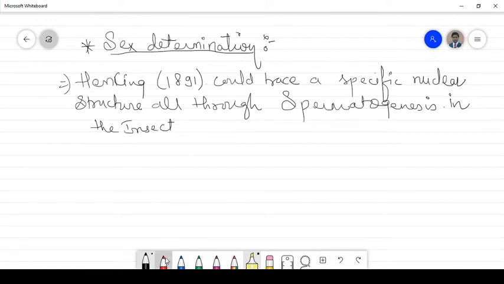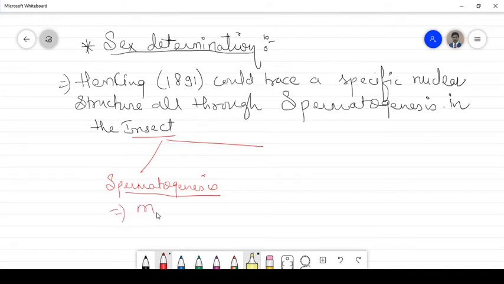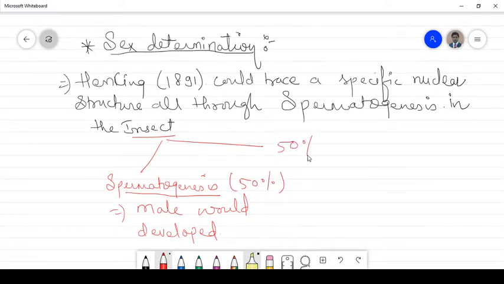Now, what did he observe? He observed that if the insect carries the spermatogenesis, then there are chances that the male would develop. And he came to a conclusion also that 50% would carry this structure, while the other 50% did not.